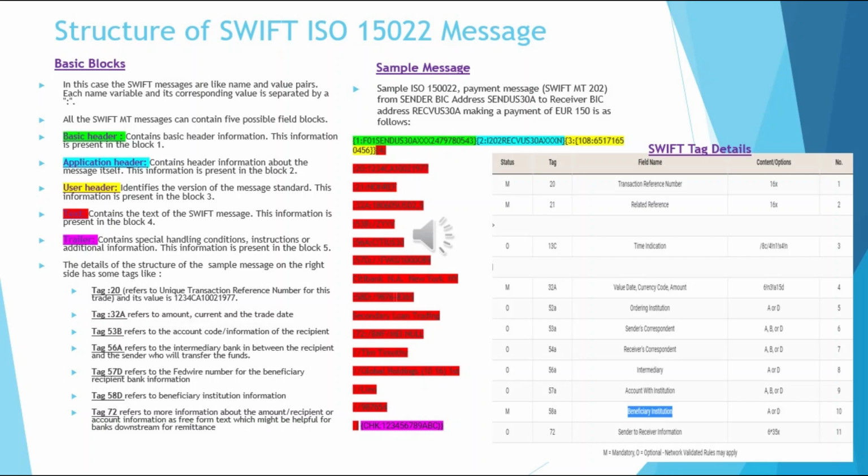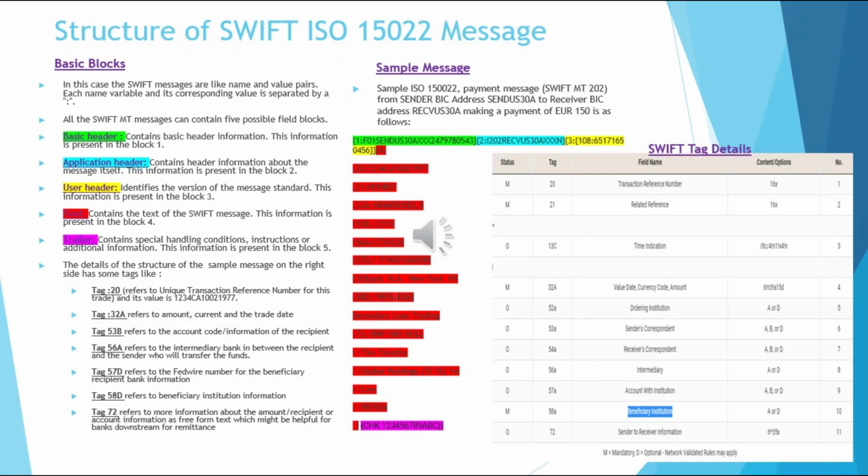Now if we look at the detailed structure of some of the tags mentioned in the red color, look at tag 20: it is a unique transaction number, and tag 32, as we discussed earlier, represents amount, currency, and the date.